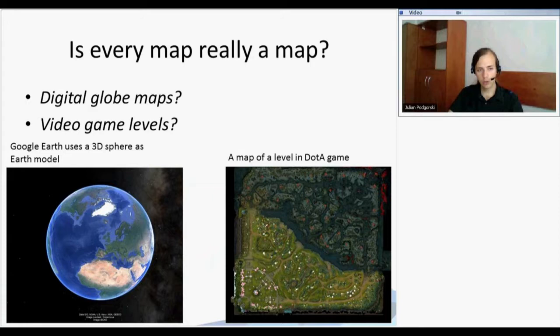projection. It also doesn't have any graphical symbols since it's a satellite image. It's a photograph. A photograph doesn't use graphical symbols to depict reality. It's just reality as we see it through a camera. So there are already two features of a map that are gone.